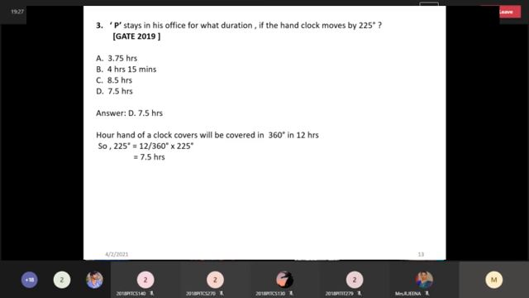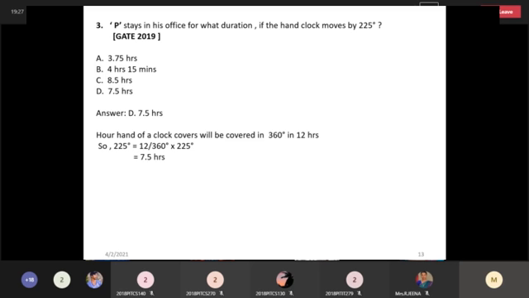We can find this out easily by calculating. Here they have given in the question that the hand of the clock moves by 225 degree, so 225 degree is equal to 12 divided by 360 degree into 225 degree, that is equal to 7.5 hours.